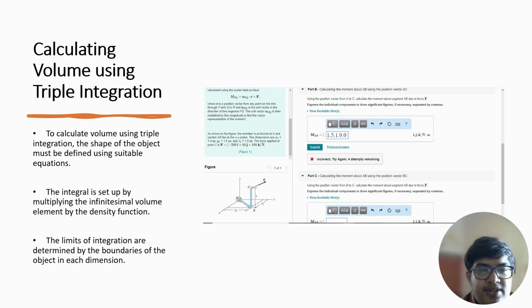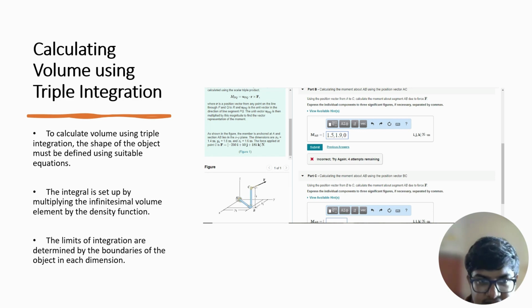The integral is set up by multiplying many very small, non-measurable values, which you can't rate just normally. So the integral is set up by multiplying infinitely small values of volume by the density function of that object.